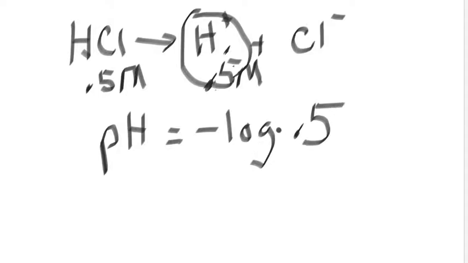So if we want to calculate the pH of this 0.5 molar HCl solution, we would hit the log button, we would hit 0.5, hit our equals, and we would get negative 0.3. And since we're taking the negative of negative, it would simply be a pH of 0.3.